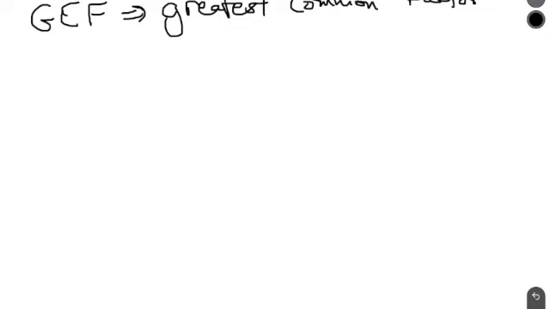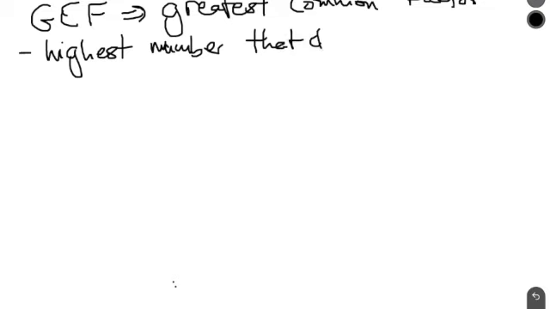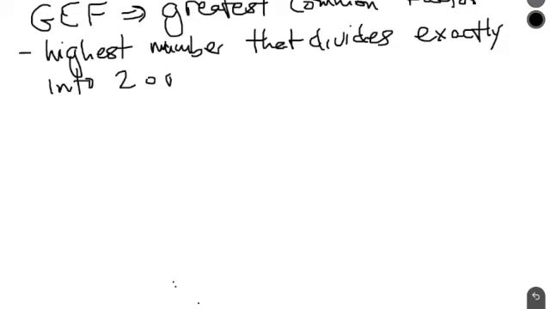Before we dive into it, let's identify what is the greatest common factor. The greatest common factor is the highest number that divides, please pardon my handwriting, but the highest number that divides exactly into two or more numbers.